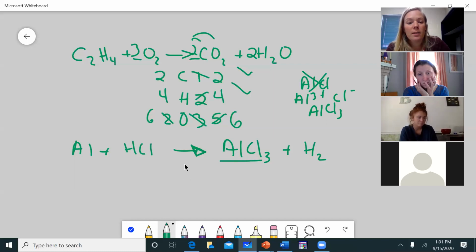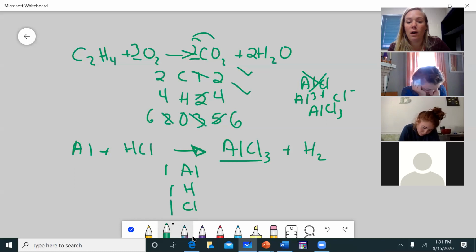So back to balancing, I've got aluminum, I've got hydrogen, and I've got chlorine. Those are all the atoms. I count up what's on my starting side. I've got 1 aluminum, 1 hydrogen, and 1 chlorine. On my product side, right now I have 1 aluminum, 2 hydrogens, and 3 chlorines.